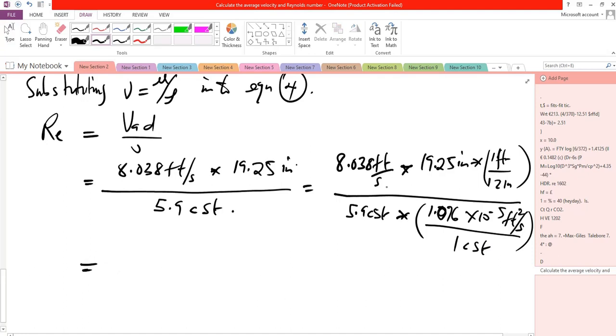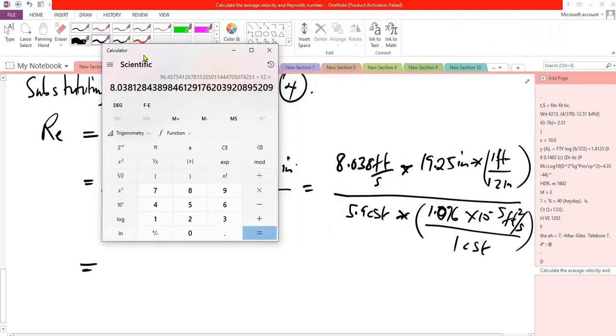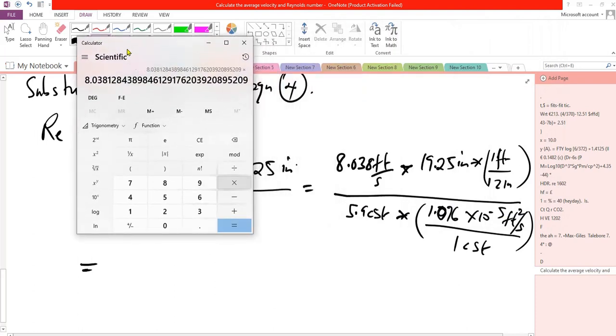So let's bring out our calculator. We have the velocity times 19.25, divide by 12, divide by 5.9, divide by this value 1.076 exponential minus 5, equal to this.